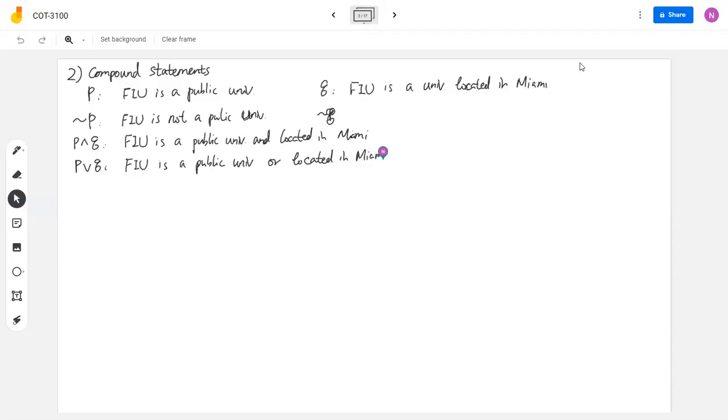And this statement is true if and only if P is true or Q is true, or both are true.